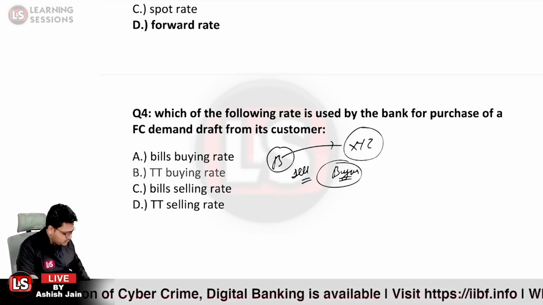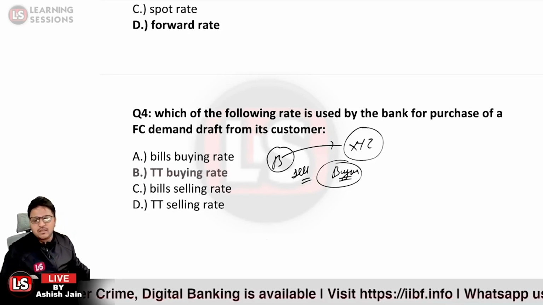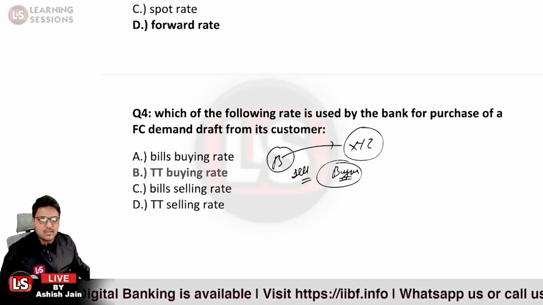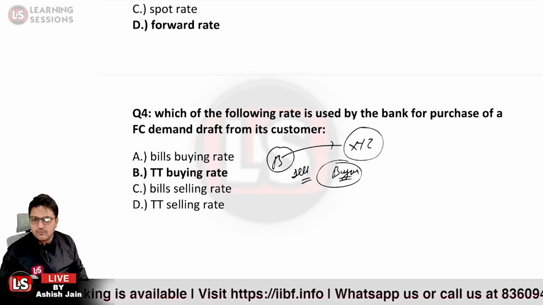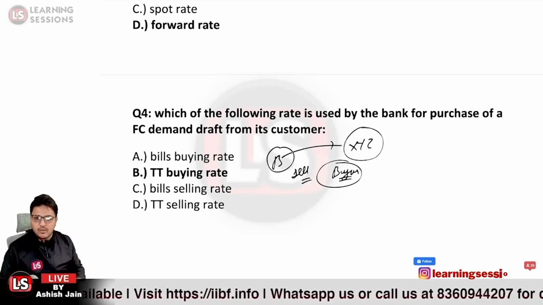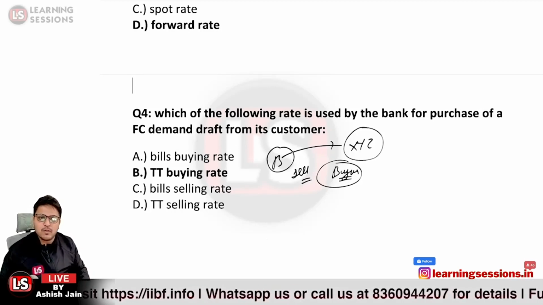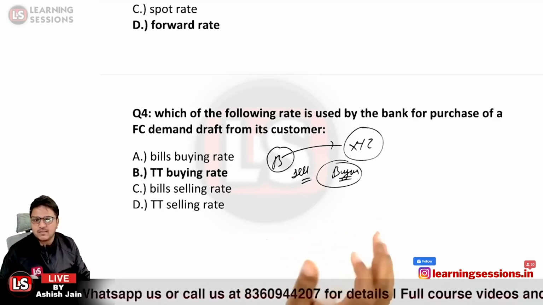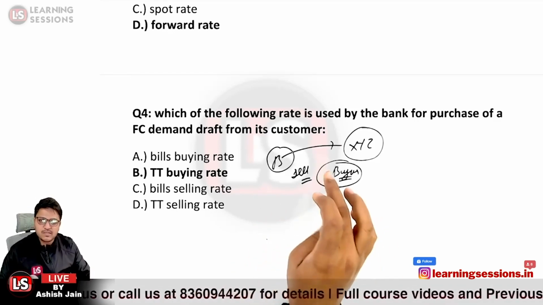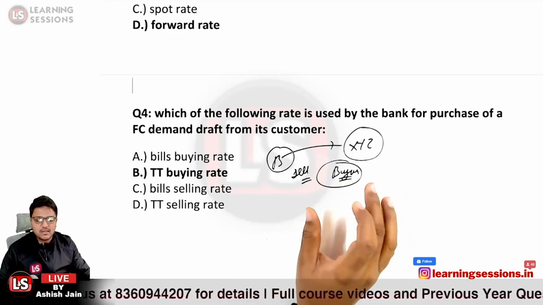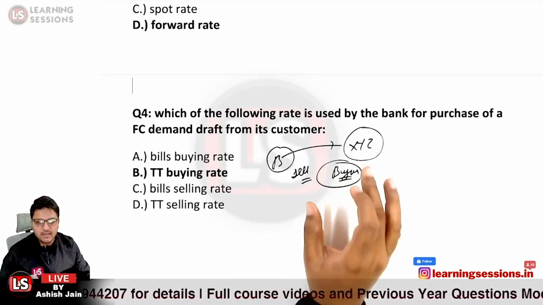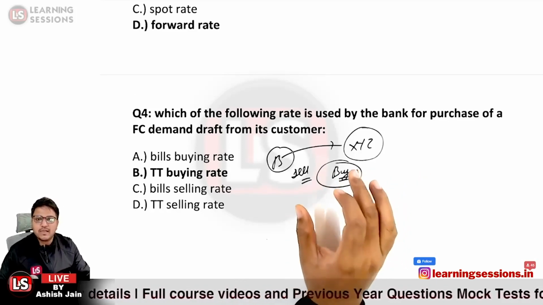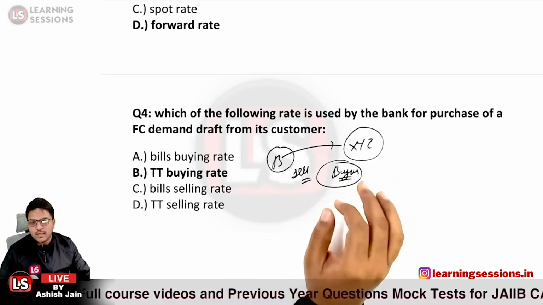Let me clarify this to you again. Whensoever the rates are to be considered, you need to look into two factors. First of all, when the settlement is going to happen and what rate shall be quoted from the bank point of view. If you are certain of these two, definitely you can answer correctly. If the customer visited your branch and wants to sell the demand draft to you, he wants to sell the foreign currency to you.